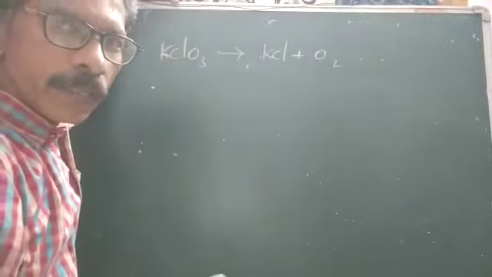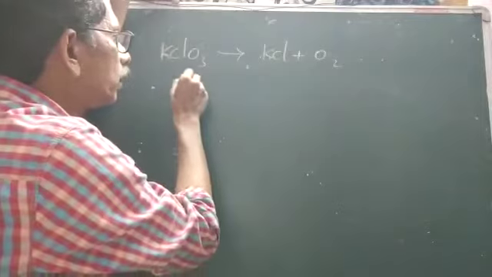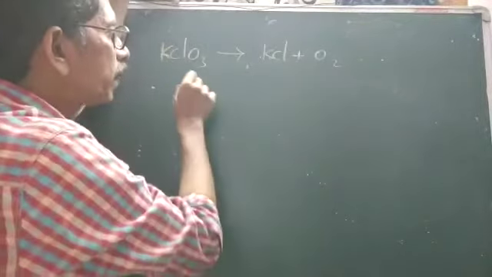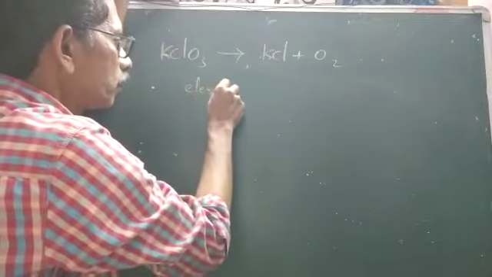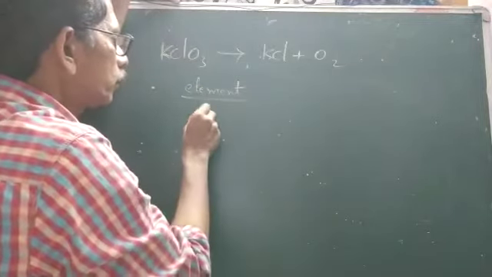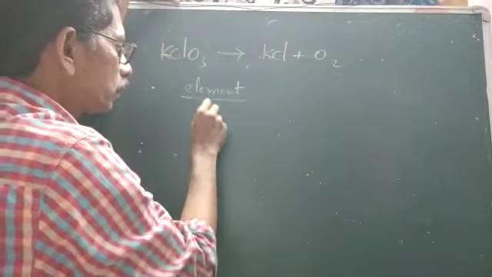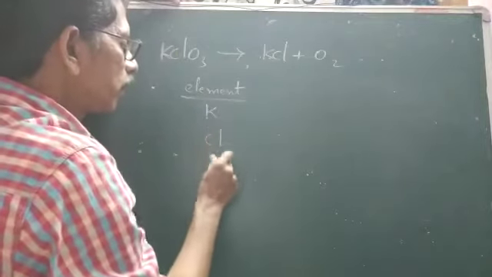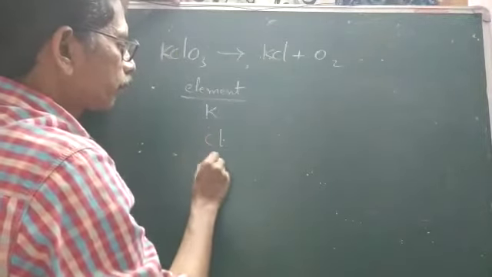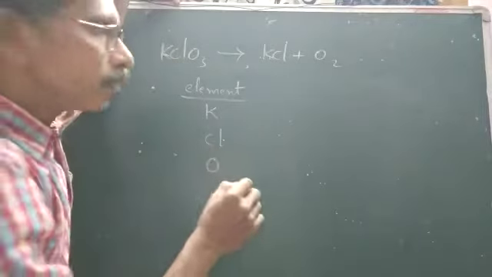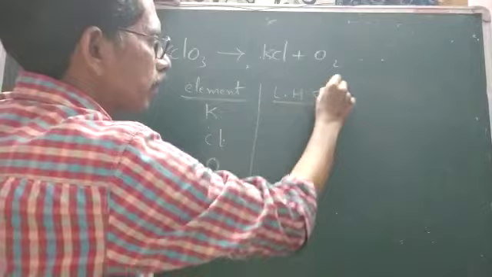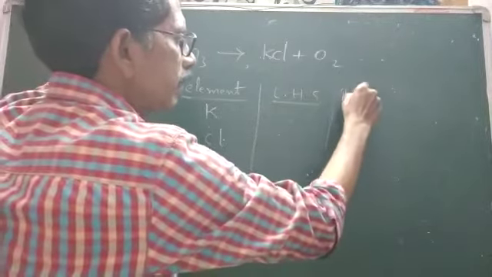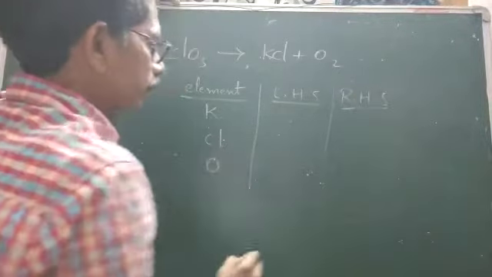First, as I said already, note down the elements present in it, the atoms of the compounds. So the elements: potassium is there, chlorine is there, and oxygen is there. So these are the three elements. Next, on the left hand side how many atoms are there, and on the right hand side how many atoms are there.